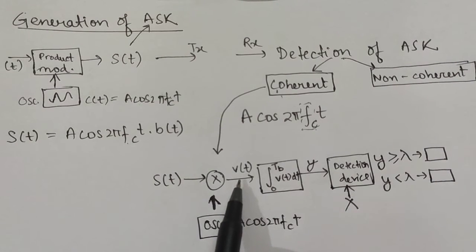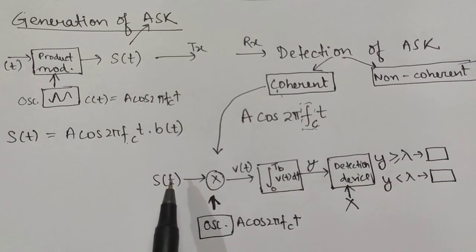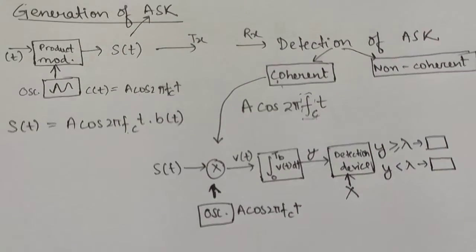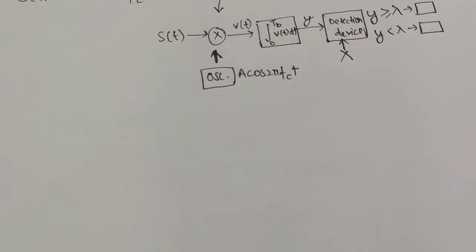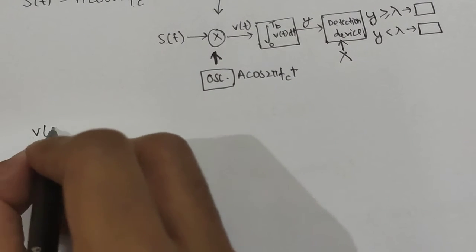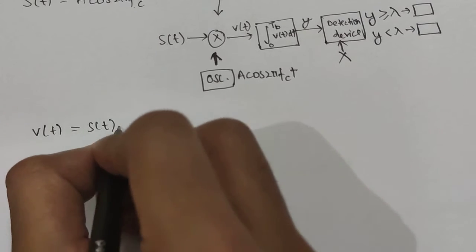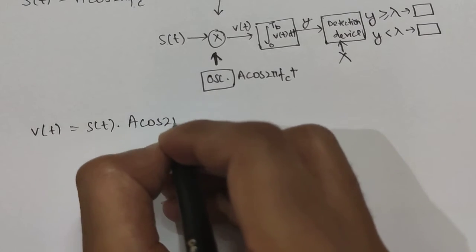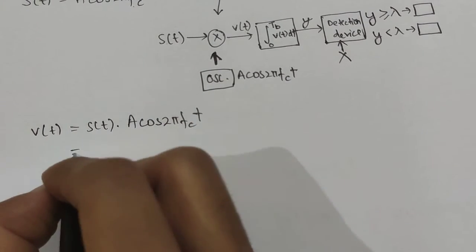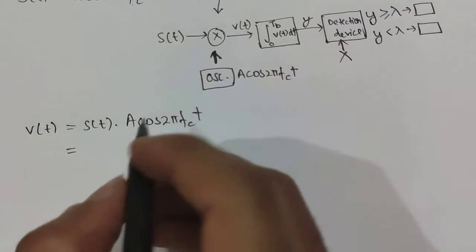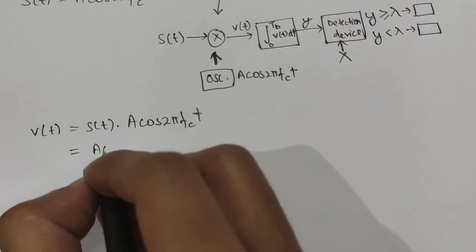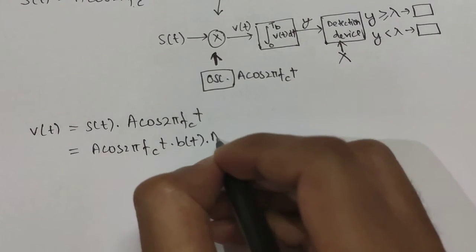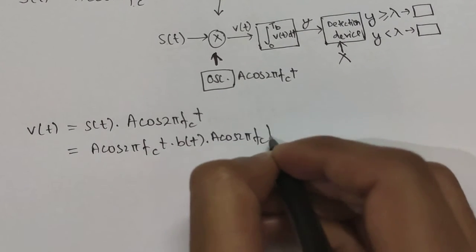Now let me write the equation of what we get after the product modulation of this S of t and our oscillator. V of t will be simply S of t into the oscillator output A into cos 2 pi fct. S of t is our ASK signal, which was A into cos 2 pi fct into B of t.